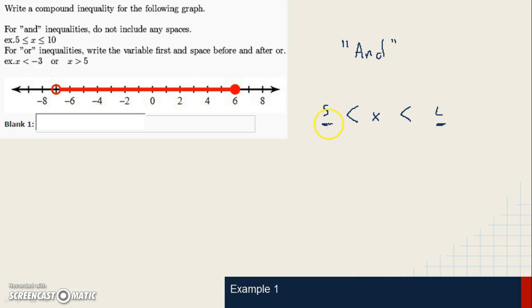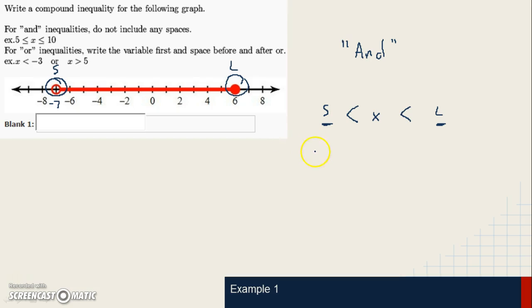Okay, now I'm going to try to figure out what values I can substitute for my smallest value and what values I can substitute for my largest value. So I'm going to look at my endpoints for this, and it looks as though this value right here is my smallest value, and this value right here is my largest value, and all these values in the middle are a part of the solution set. So the smallest value in this compound inequality looks like -7, since -7 is between -6 and -8.